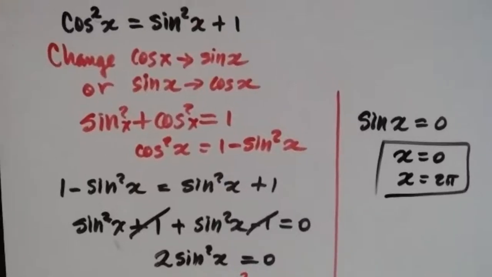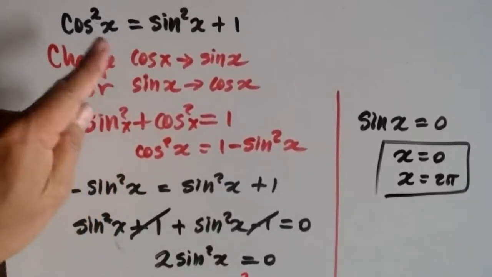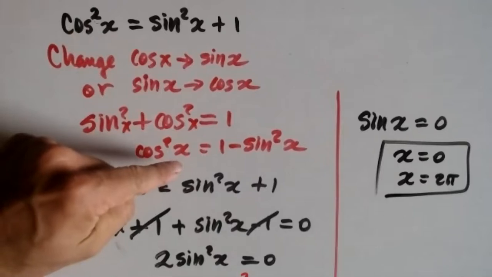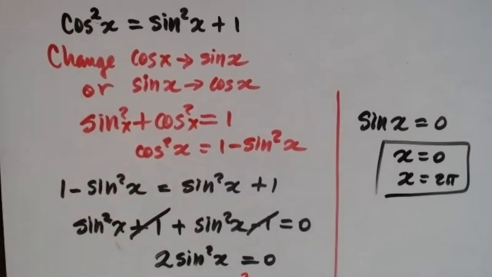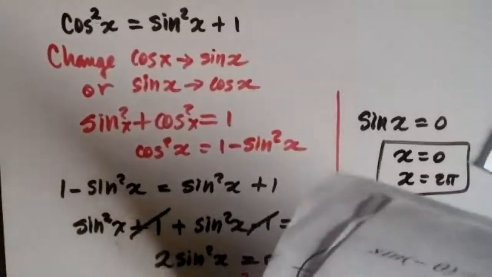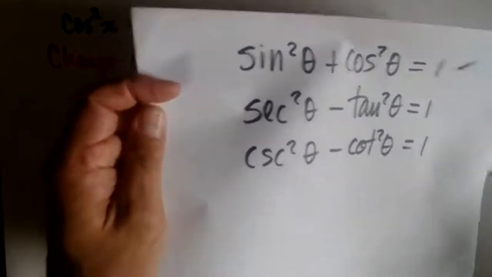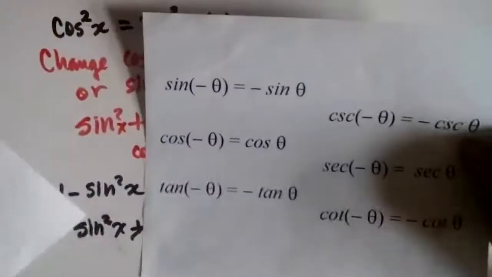So what you did, well, use trigonometric identities to complete what you need to complete. So remember, all the identities we have here, all these identities can be used at your convenience.